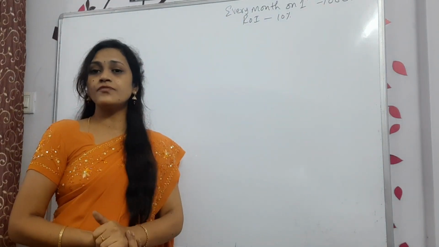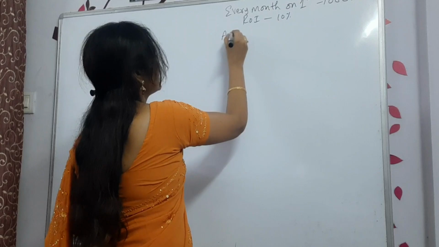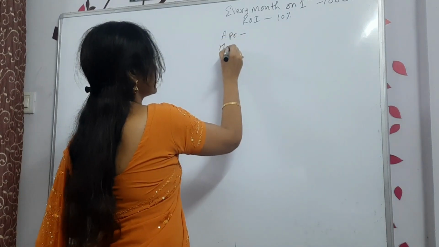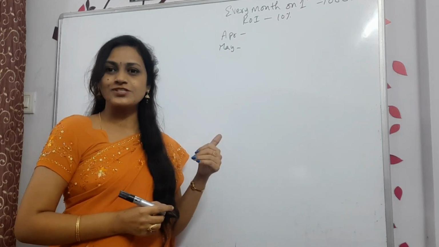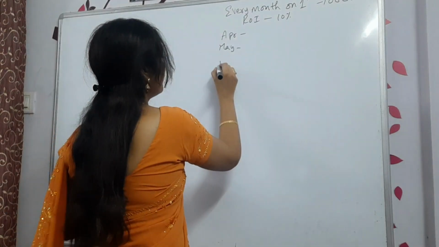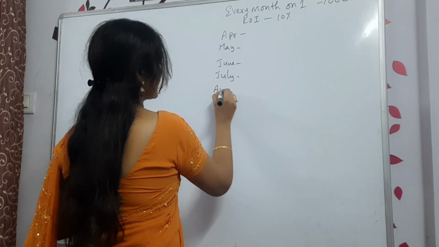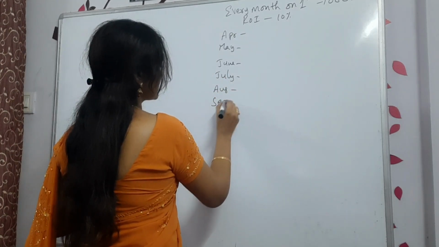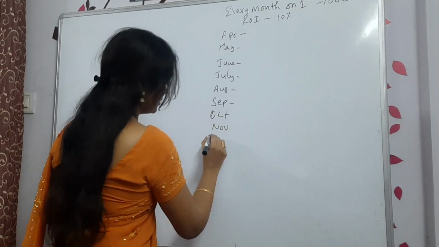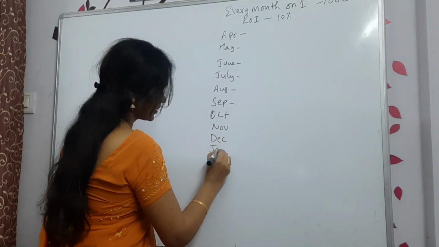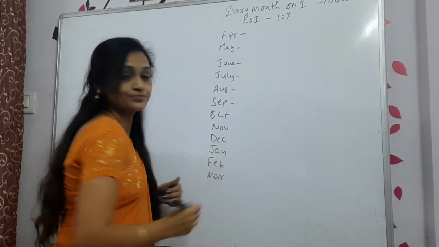So how does our financial year start? We start with April 1st to March 31st. Correct? So April, May, June, July, August, September, October, November, December, Jan, Feb, March.